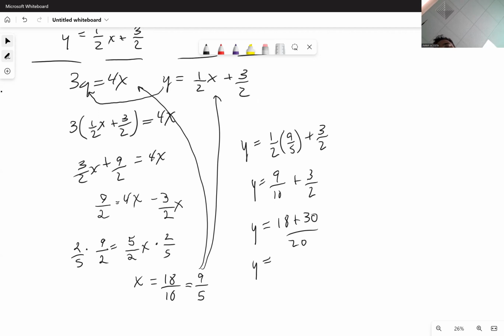So y equals 48 divided by 20. What's 48 divided by 20 reduced? Yes, because 4 goes into 48 12 times, and 4 goes into 20. So therefore, your point of intersection is going to be 9/5, 12/5.